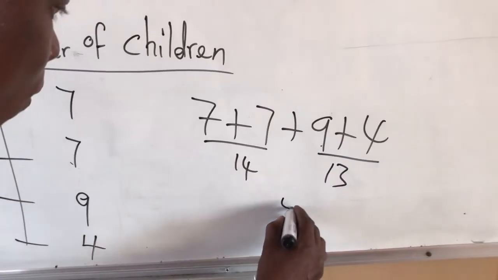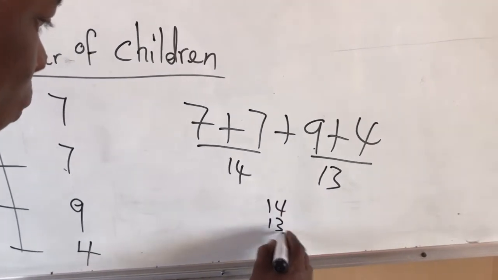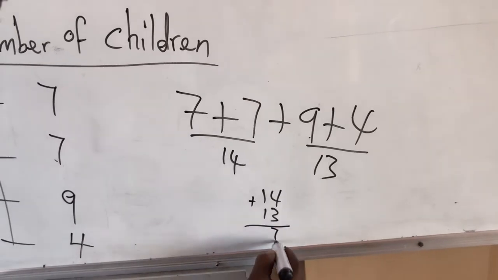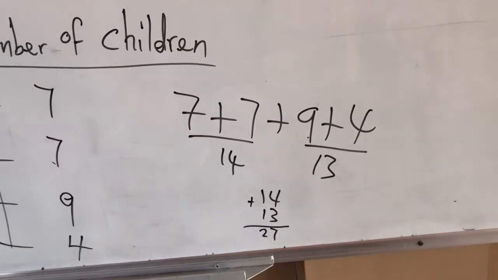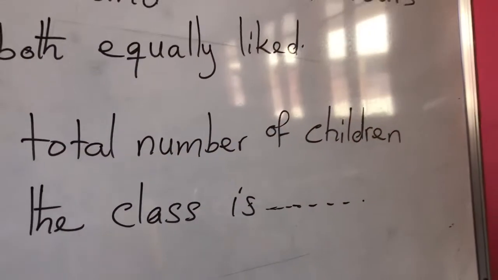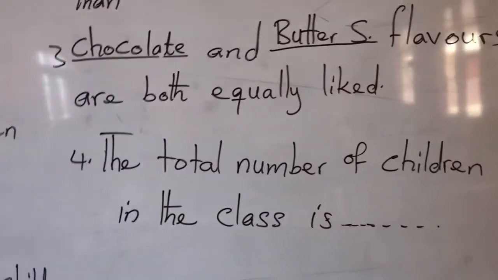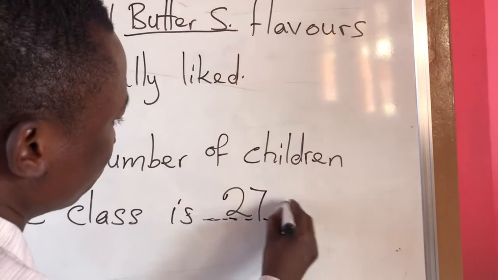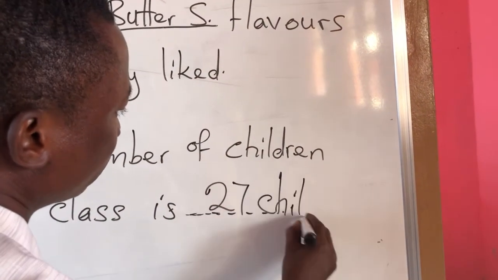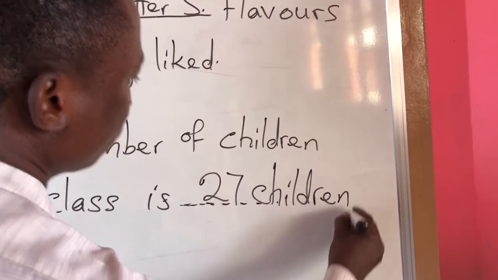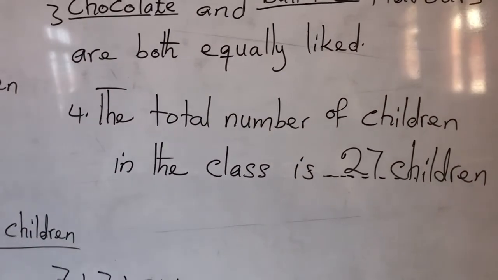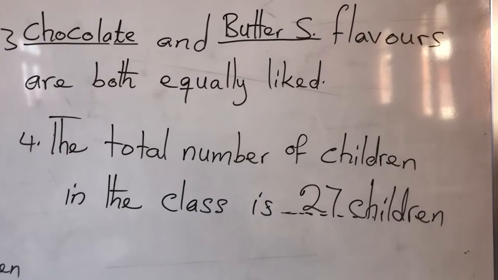So 14 plus 13: 4 plus 3 is 7, 1 plus 1 is 2. Therefore, we have 27 children in the class. The total number of children in the class is 27 children.